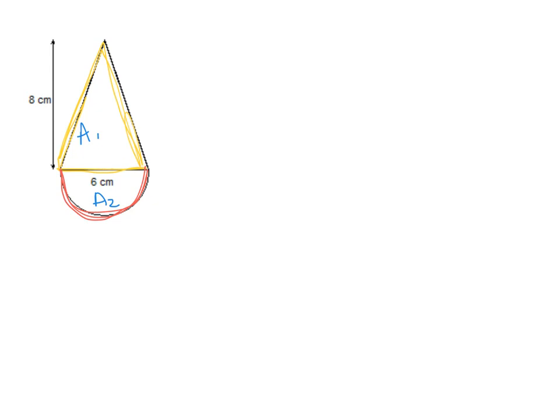Therefore, the radius, which would go from the center of the circle to its edge, is going to be half of that, and therefore it is 3 centimeters. Okay, so now that I've identified the missing length, I can now write my total area formula, which is going to be area total equals A1 plus A2.